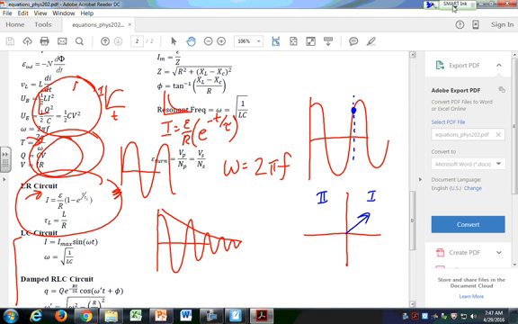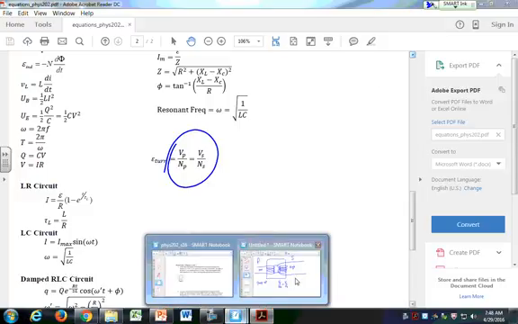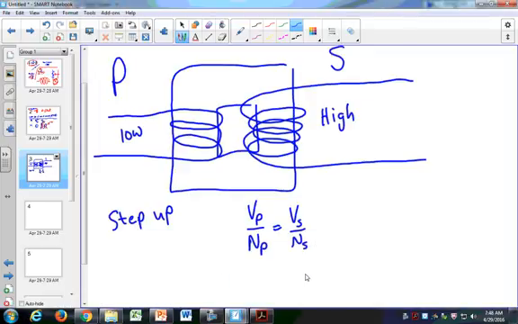For example, if I tell you that VP is 12 volts, NP is 4, NS is 8, and VS is what we want to know, then I find that my secondary voltage is 24 volts. So I go from 12 volts to 24 volts.